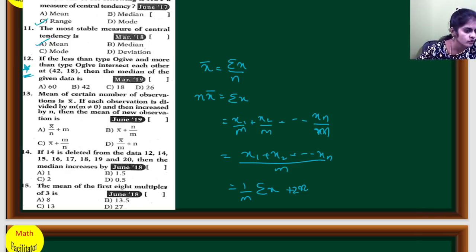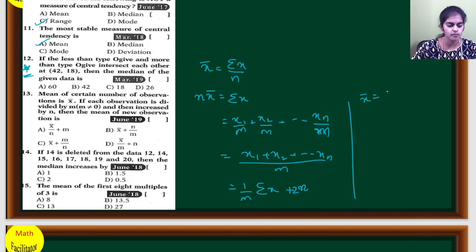Okay. So you have to find the new mean. So new mean will be how much? The new sigma x, how much are we getting? So the sum I am taking this way.